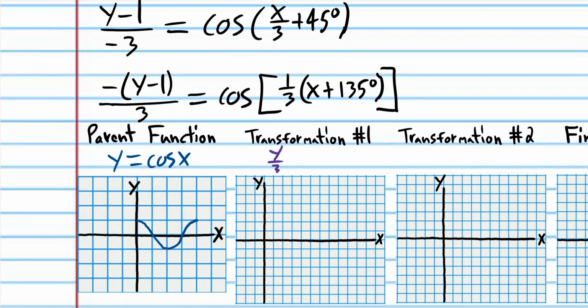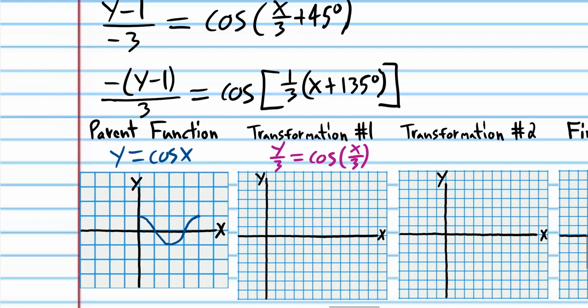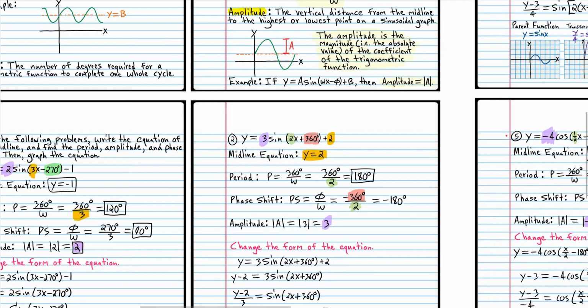We're going to divide y by 3, and we're going to multiply x by 1/3, and we can write that as x/3. So remember, when you divide x or y in an equation, it's going to be a stretch. So we're going to stretch it vertically and horizontally.